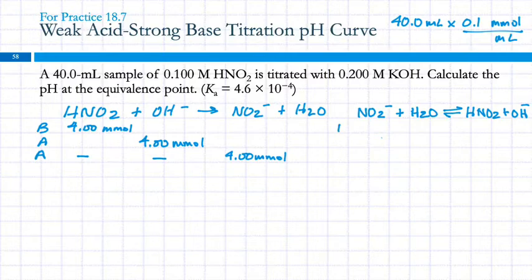But in our ICE table, we have to use molarity. Well, most of the time, and it's safer to just do it that way all the time. So I've got 4 millimoles of NO2 minus.